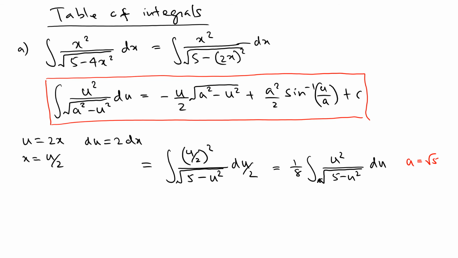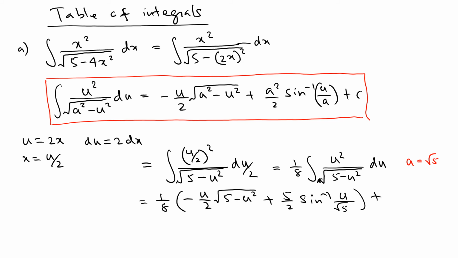If you plug that in, you're going to get 1/8 times negative u over 2 times the square root of 5 minus u squared, plus a squared, which is 5, over 2 sine inverse of u over a, which is square root 5, plus c.